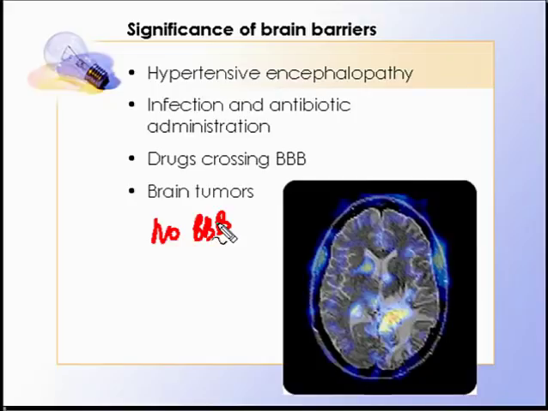This is one such scan where you can see these tumors present in this region, and these are the radioactive tracer dyes which are showing up these tumors in the brain. So again, that's important to know.